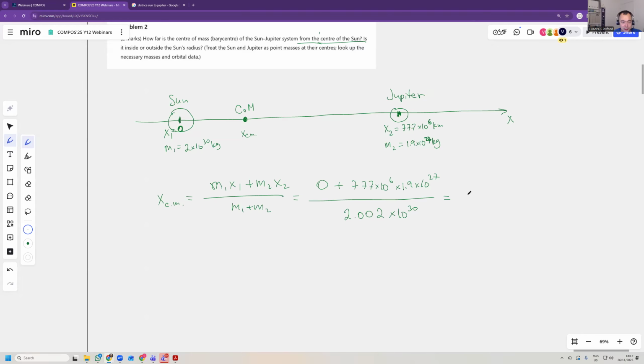Okay, so it's 0.74 times 10 to the 6 kilometers. Okay, 0.74. So that's much closer. That's much closer to the Sun.